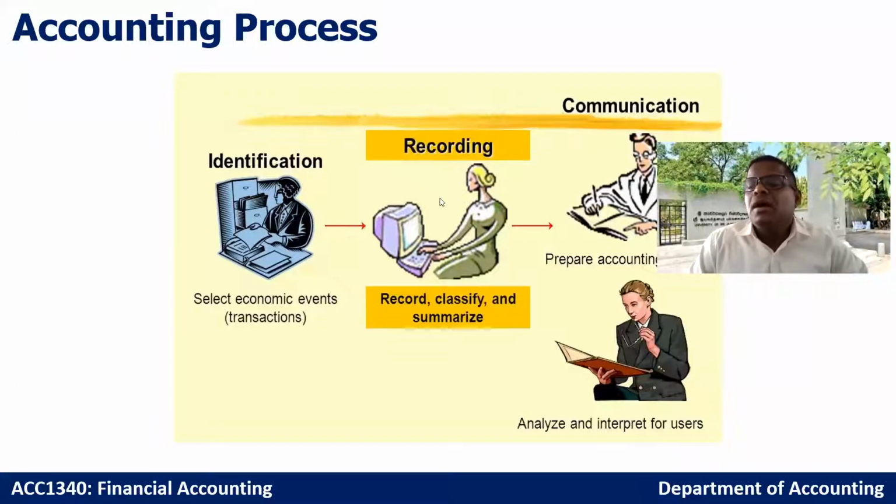Then you record, and at the end of a particular period, you journalize the totals of these day books. These journal entries you then post to the ledger accounts. At the end of the period, the experts prepare reports. We call them financial statements in financial accounting, and they will be used by different users.